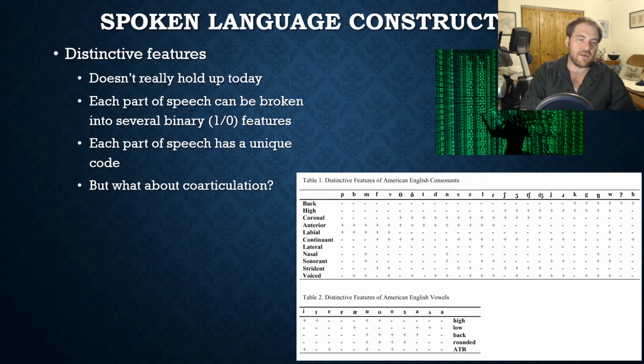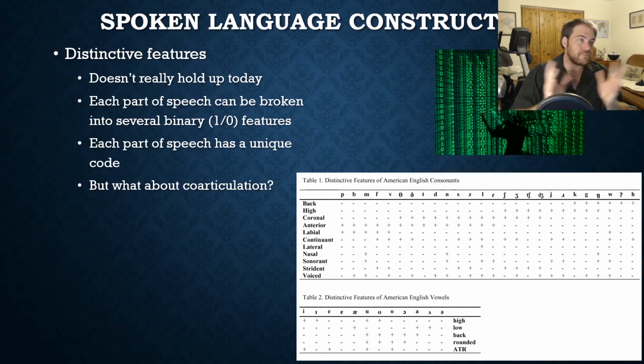Noam Chomsky was a huge proponent of this. If you don't know him yet, you will, although I think a lot of you are in my 367 class, so you already know a little bit about Chomsky. I think you know that I don't agree with some of his things. I actually think that the distinctive features hypothesis was totally cool. It's old and it doesn't hold up, but it's still totally cool.